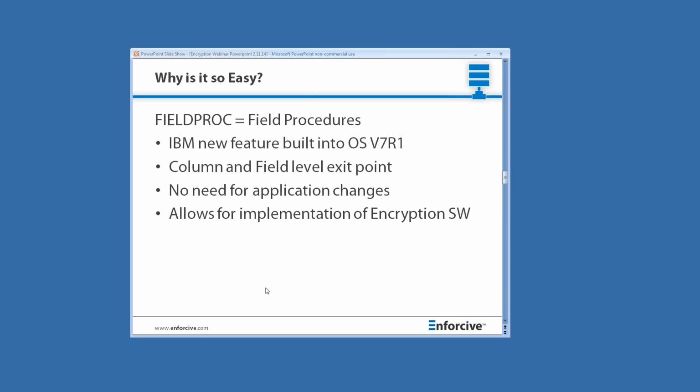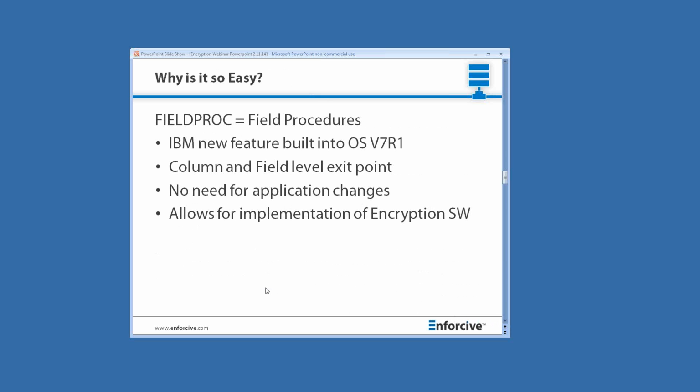Okay, so the question is why is it so easy? IBM, with the new release OS V7R1, provided a new feature, really an old feature for IBM. It was already in the mainframe, but it's called FIELDPROC, and that is a field level exit program.